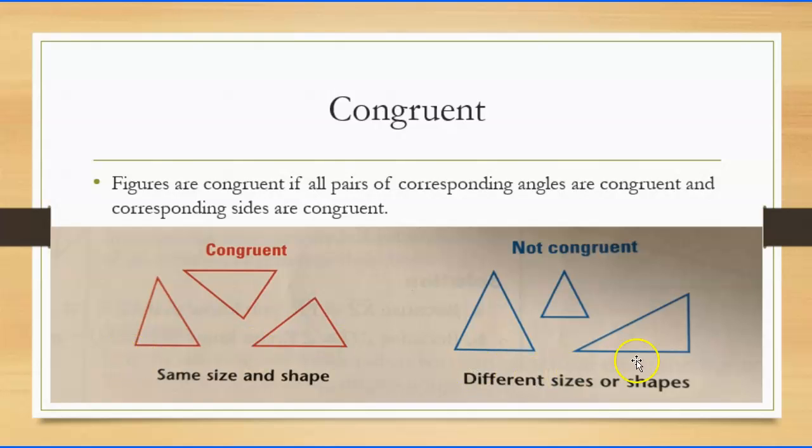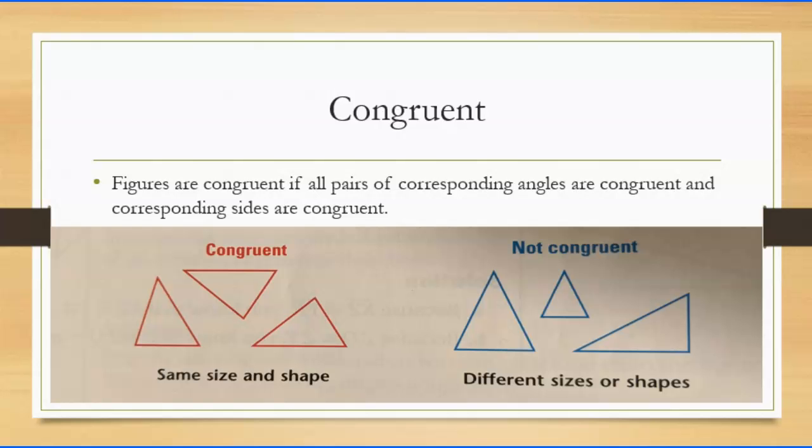Now, we can pretty easily look at the blue triangles and see that they're actually different sizes and different shapes. That's going to clue us in that they're not congruent. So that's just the first thing, is to make sure that you understand all the parts of triangles and that you know you're looking for sides and angles that are the same.